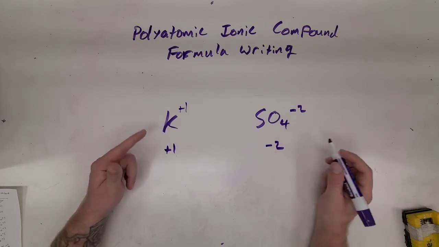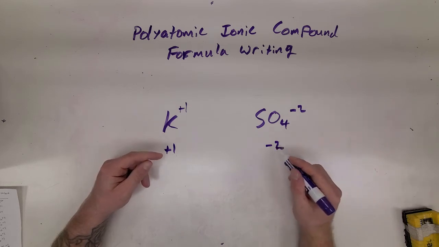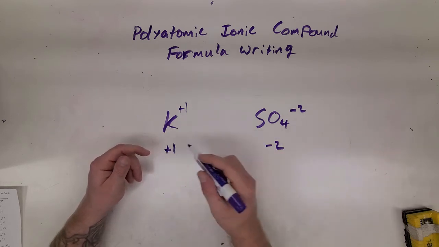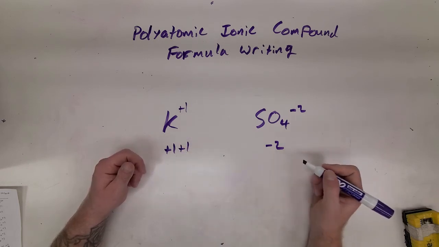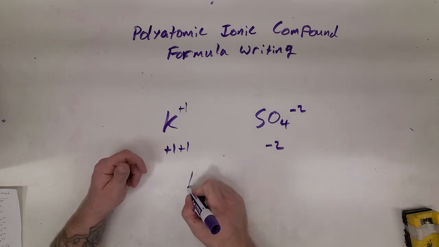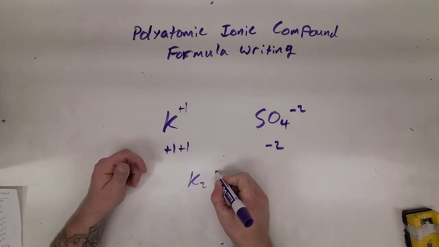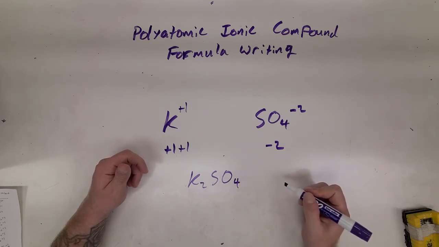And we've got to even up each side. How do you do that? Just add more to the side that has less of a charge. This has a net 2 charge over here. This only has a net 1, so we're going to add 1 more. 1, 2 equals 2. So we have 2 total potassiums, 1 sulfate ion. We would write that as K2SO4, and then it's good, just as that is.